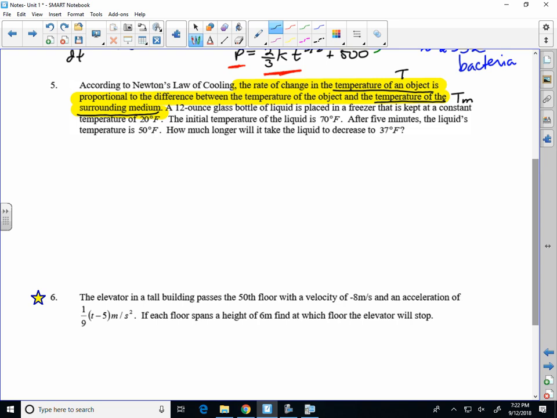That's how we're going to denote it. Lowercase t is always time, so you can't mess with that. All right. So it's saying the rate of change in the temperature of an object. Rate of change. It's talking about a derivative.